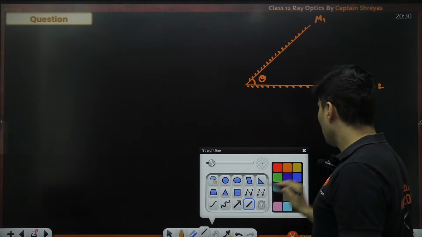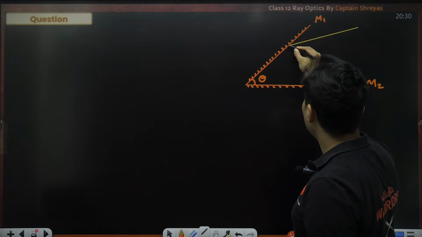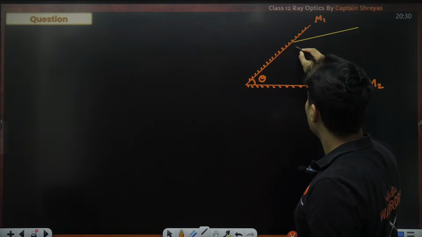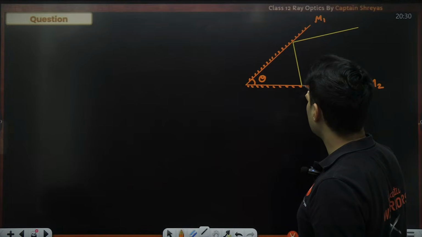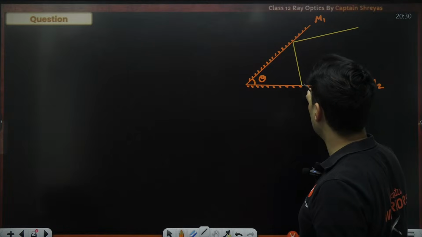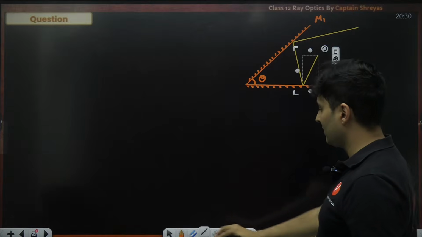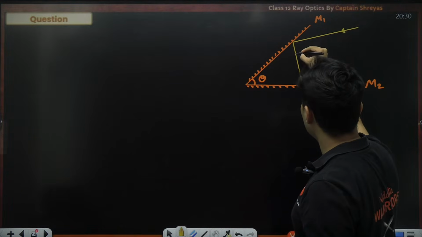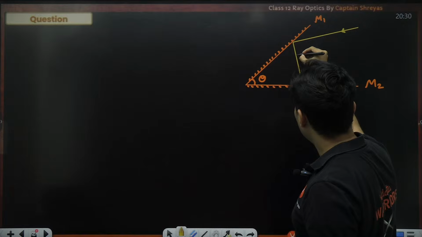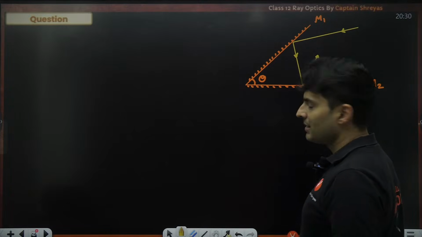What happens now is a ray which comes from somewhere hits mirror 1 somewhere, reflects from mirror number 1, but then falls onto mirror number 2, and then again reflects over here like this. So there are two reflections happening, reflection 1 and then reflection 2. Is that clear?